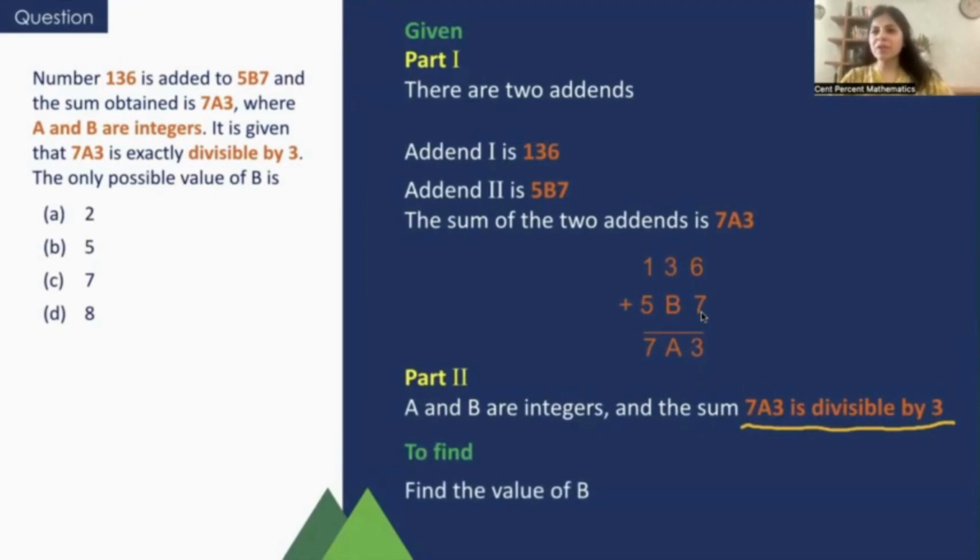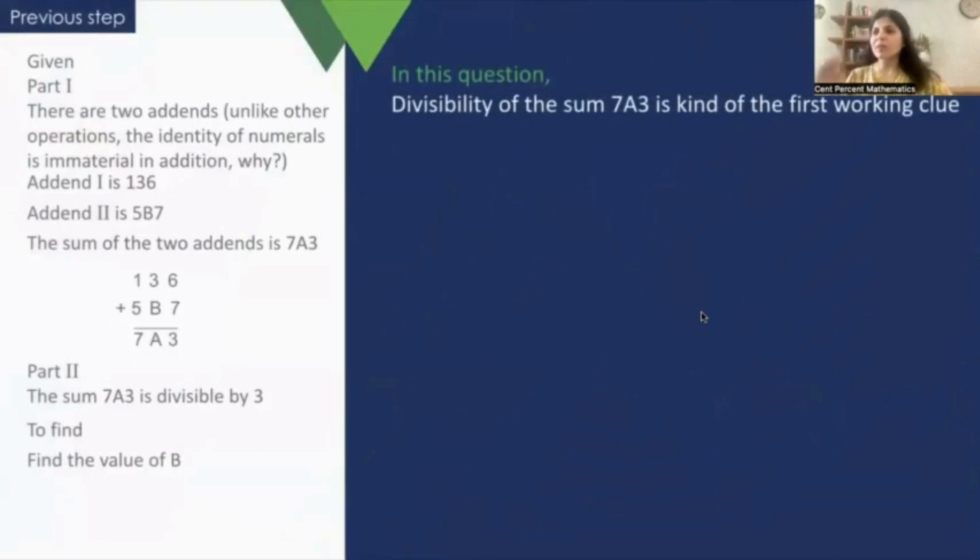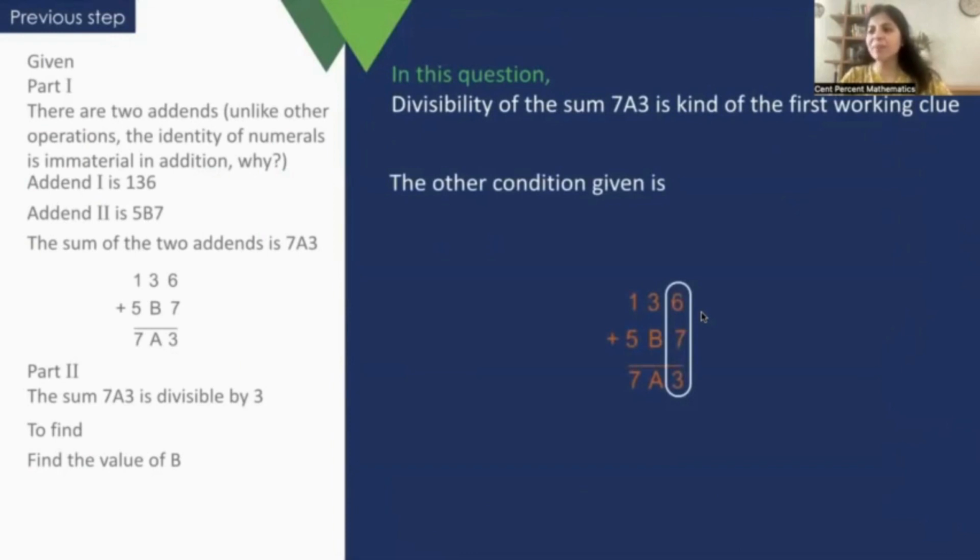Whatever we are given, try to resolve it. Let's do that. Now, in this question, divisibility of the sum 7a3 by 3 is kind of the first working clue. And what is the other condition which is given to us? That 136 is added to 5b7 to get the sum 7a3.